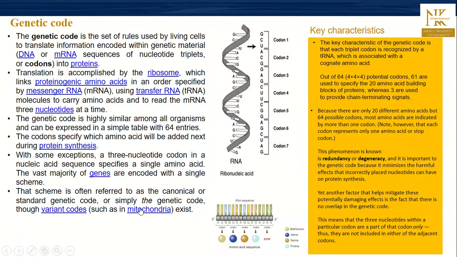Now we are being told the different functions of the RNAs. The transfer RNAs are used to carry amino acids and to read the messenger RNA, 3 nucleotides at a time. Just like their names, transfer RNA and messenger RNA, the name denotes their function.